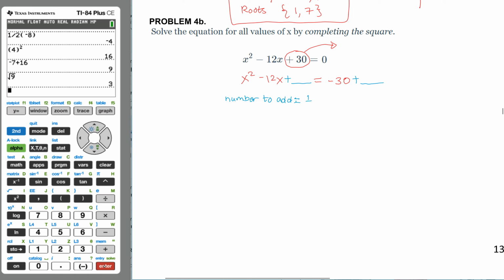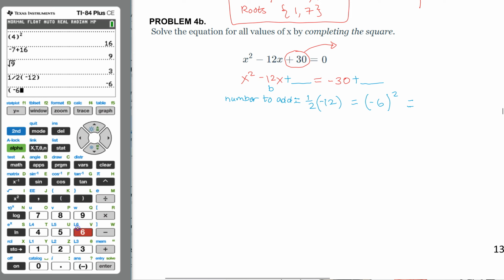It's always 1/2 of the b value. That is your b, which is negative 12. So 1 divided by 2 times negative 12. Press enter. So you have here negative 6. Then you square it, so we have negative 6 squared.